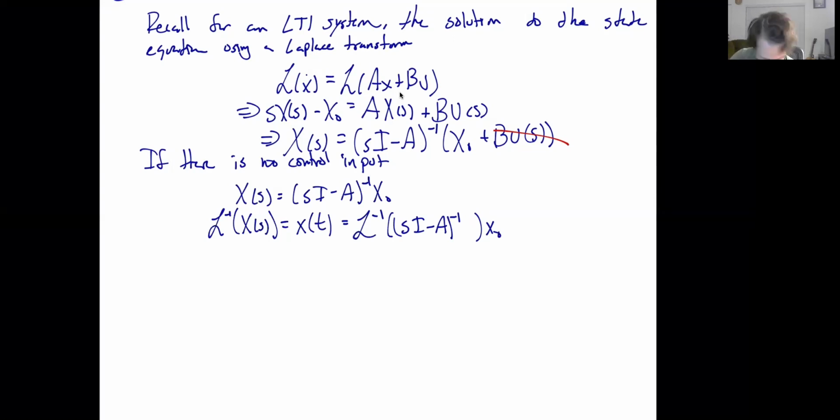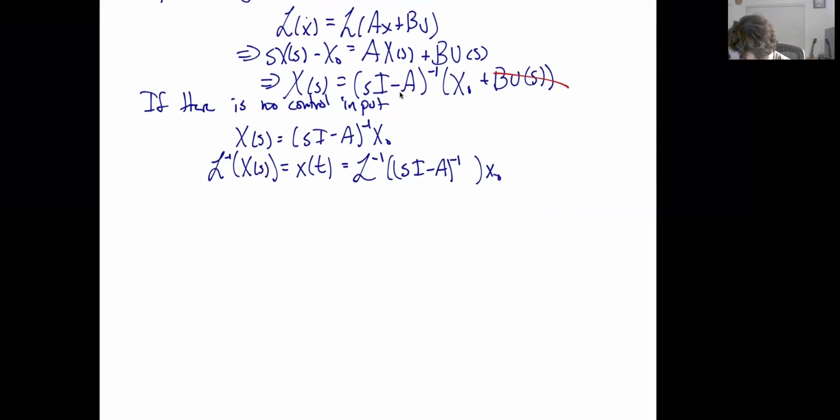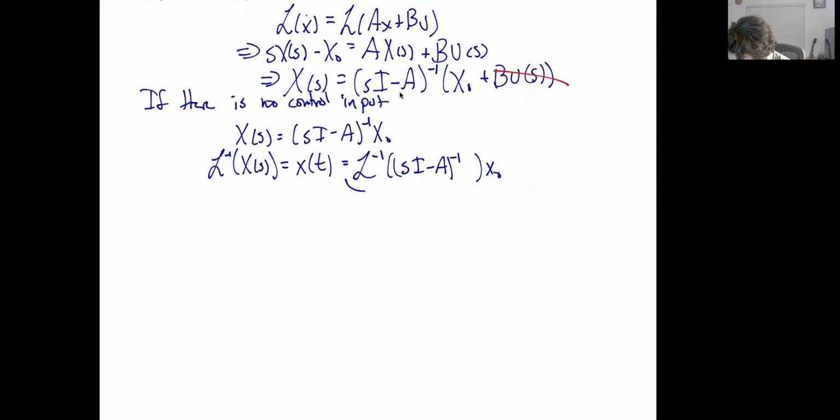So now this part right here, we're going to call it phi of t and t naught. So it's relative to two parameters here.